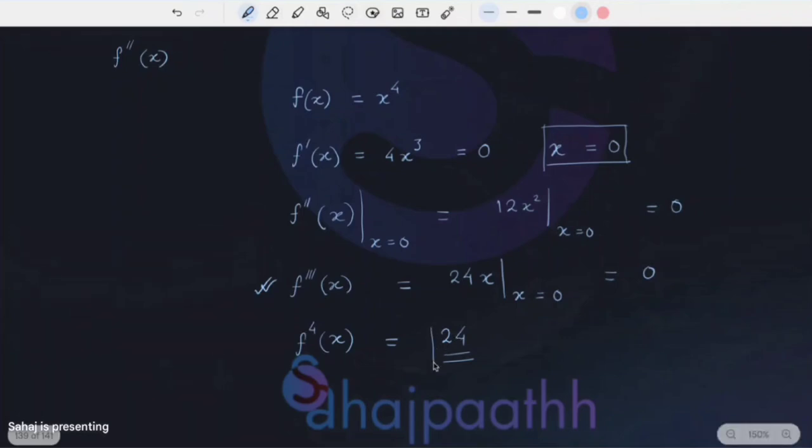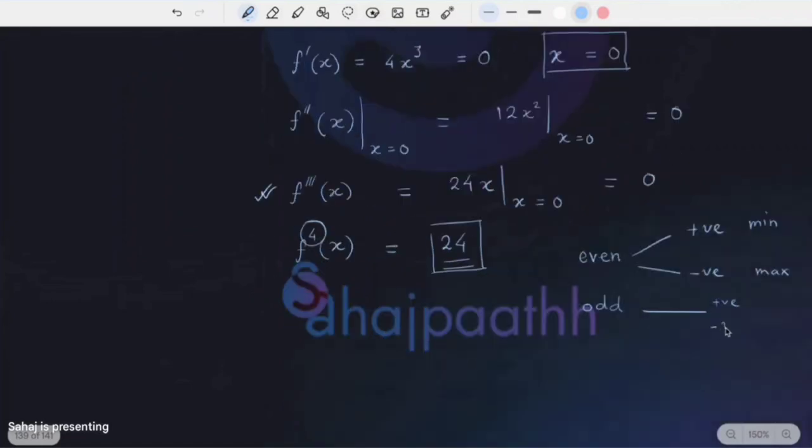If you get a number which is other than 0 at an even step, so 4 is an even number, and you get a positive number, it tells you it's a minima. Even and negative tells you it's a maxima. And if you get any number at an odd stage, either positive or negative, doesn't matter, it's an inflection point.